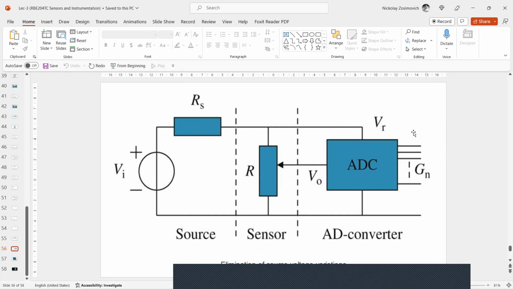Since the reference voltage of the ADC equals the voltage across the potentiometer, it follows that Gn equals X over L, which in the ideal case does not depend on voltage. So the ADC output can be directly processed by computer. That's very popular today.